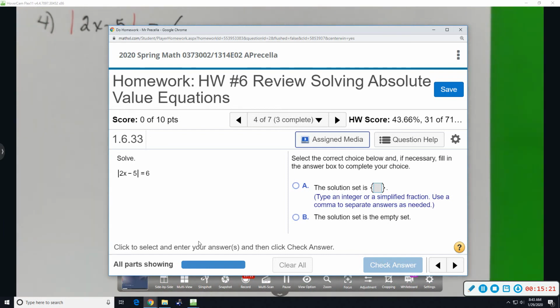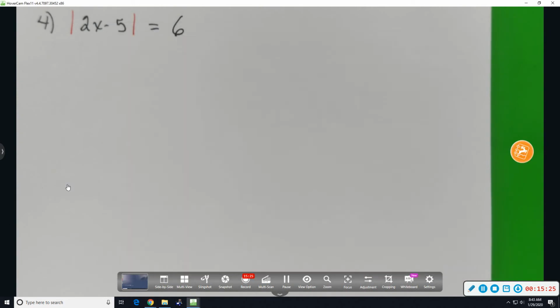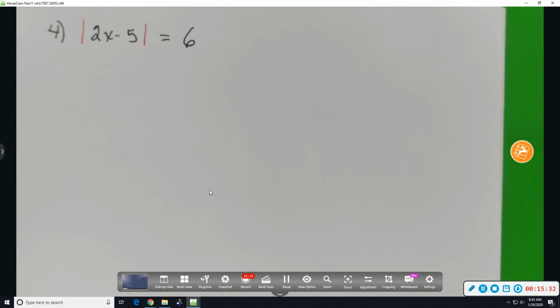So here is number 4. Solve absolute value of 2x minus 5 equals 6.